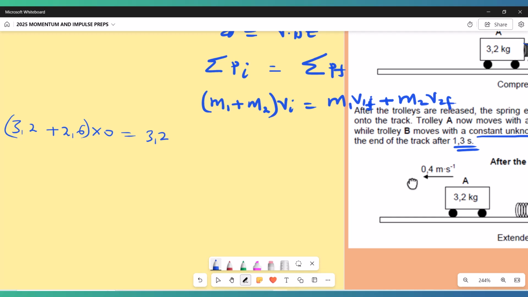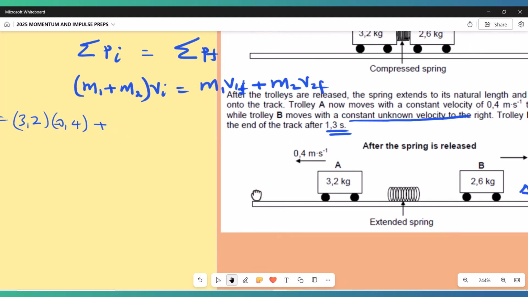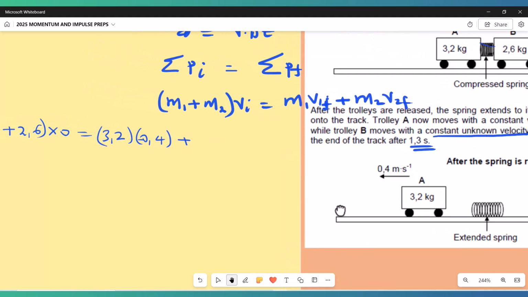If I choose east as positive, this one is negative, because it is going to the west: negative 0,4. Then plus the other mass, 2,6, and I'm looking for its velocity, so I call it V2 final.